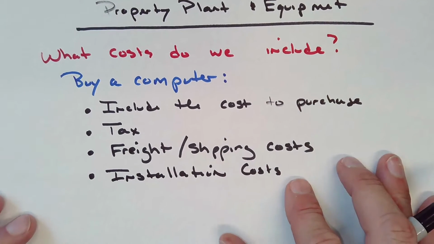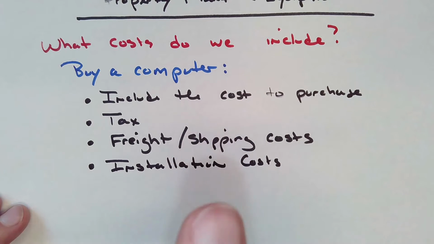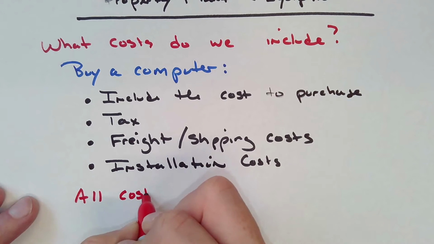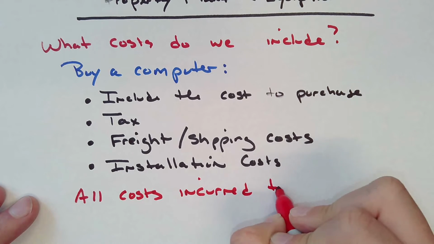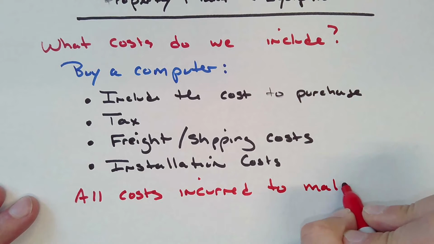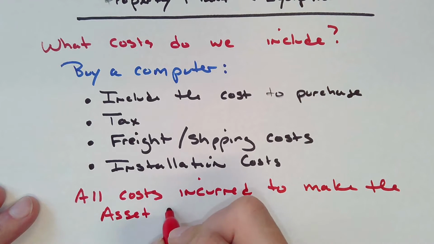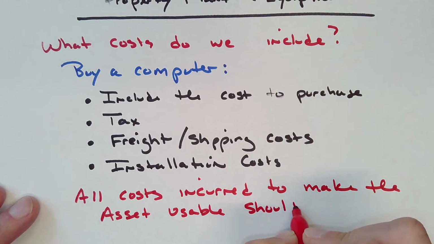Broadly speaking, anything that we spend to make this usable, so all costs to make the asset usable should be included.